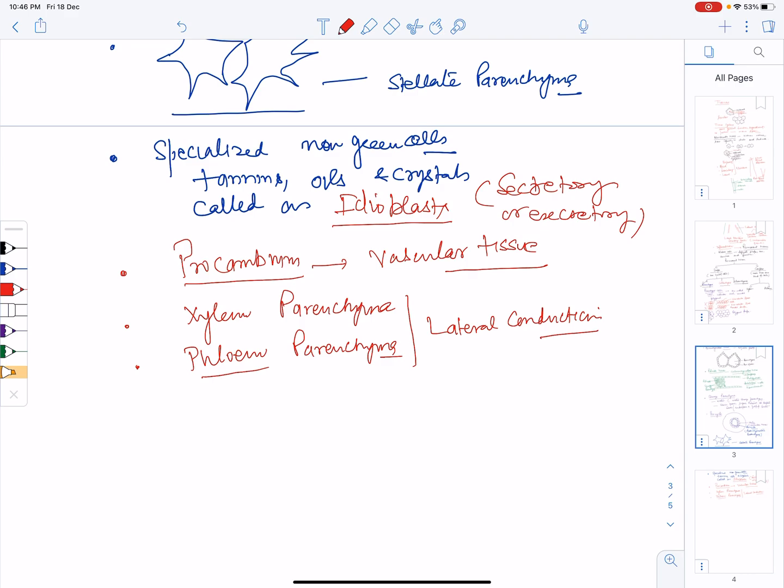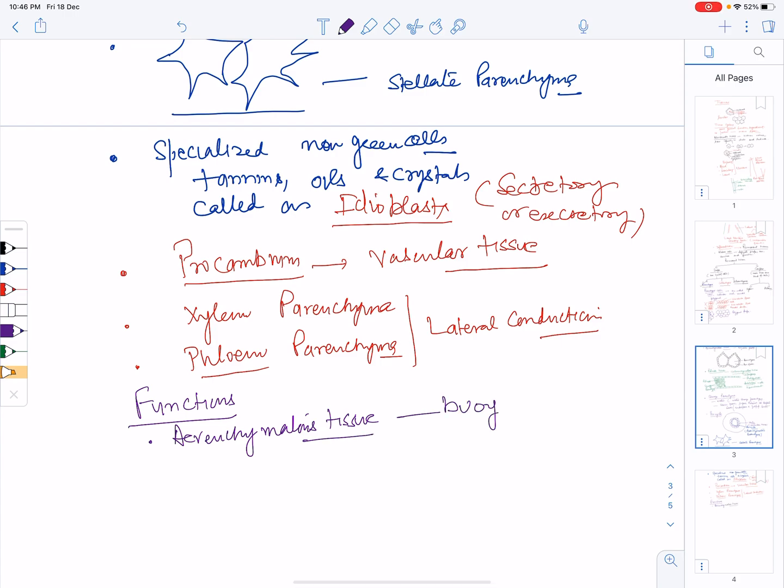Now what are the functions of parenchyma tissues? Like we have discussed various kinds of cells, so we can discuss their functions. Parenchyma will provide buoyancy, and because it has a lot of air spaces, it will help in gaseous exchange, help in floating of plant in the water, submerging of plant into the water.